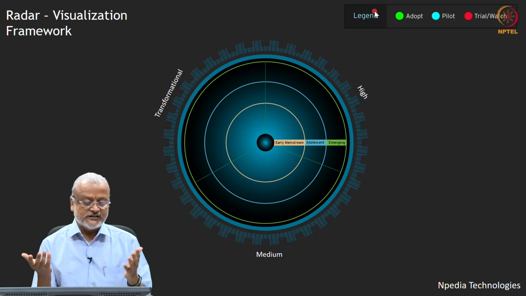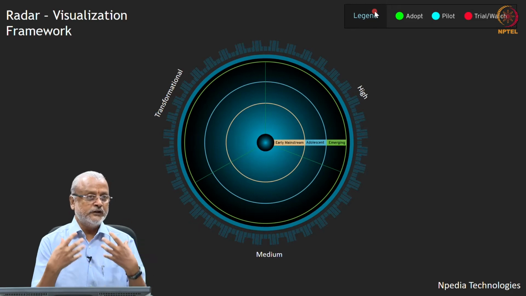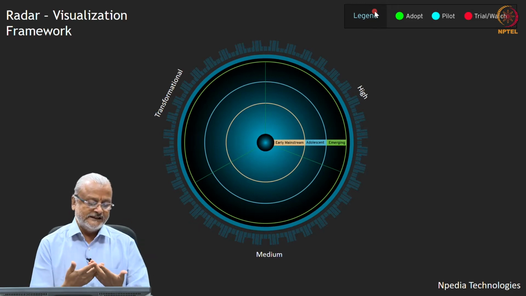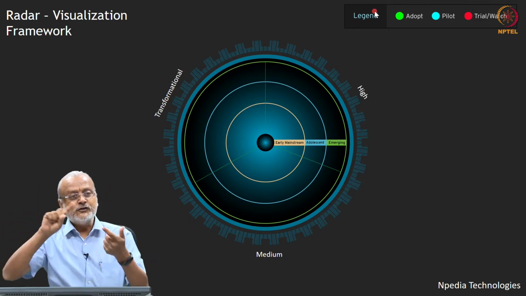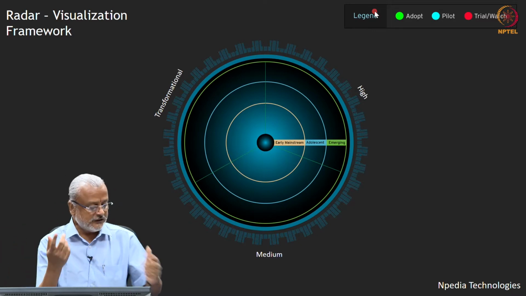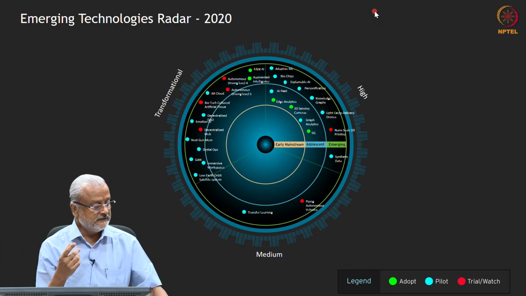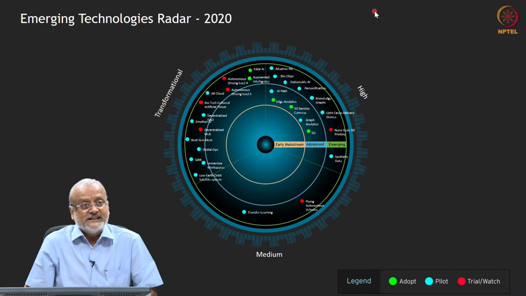So with that as an introduction to the radar as a tool, which is going to help you rapidly go through your journey map on what is your strategic approach for adapting technologies, let's go into exploring that. So I'm having what is known as the emerging technologies radar here for 2020.